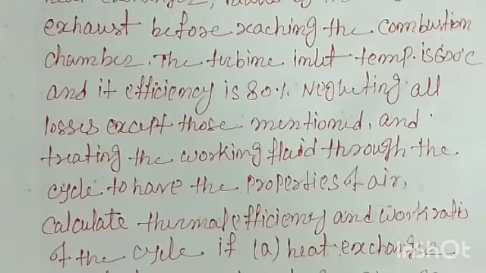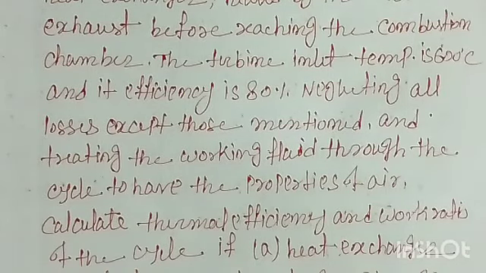Whatever the fluid is throughout the plant, that fluid is nothing but air. So you have to take the properties of air only. We need to take properties in the sense of specific heat, gas constant, and the adiabatic index, that is Cp, R and gamma also.